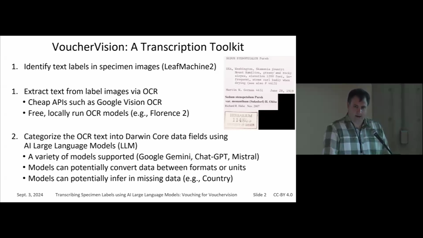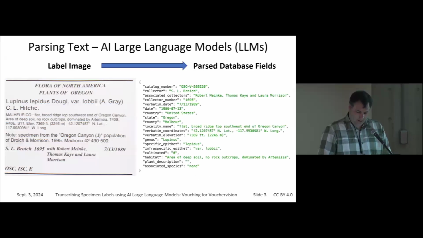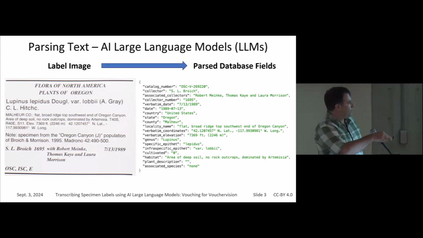In addition to categorizing this data, those models can do other cool things. They can do unit conversions, convert between formats, and even potentially infer some missing data. For example, if a label doesn't have a country on it, the models can figure that out based on the locality. In short, it takes a label like this and creates structured data fields like that.